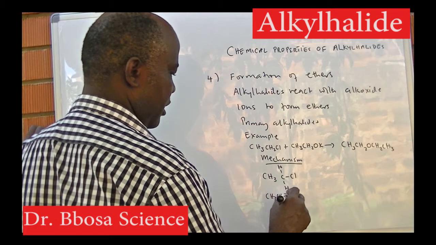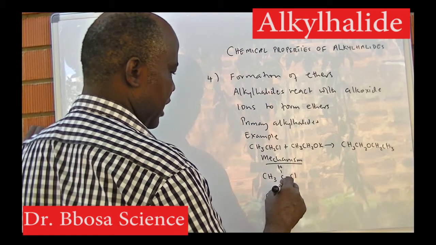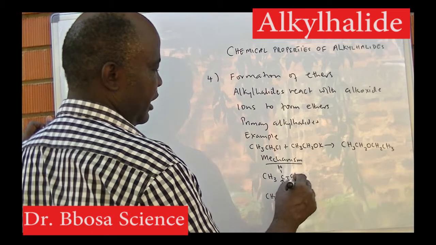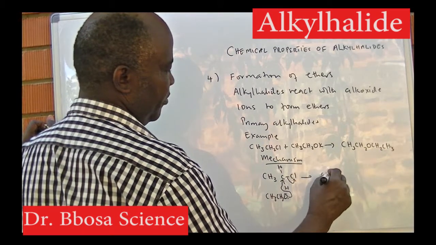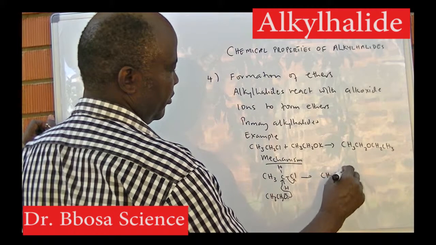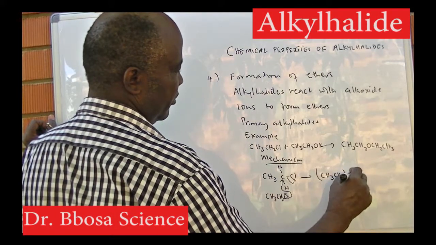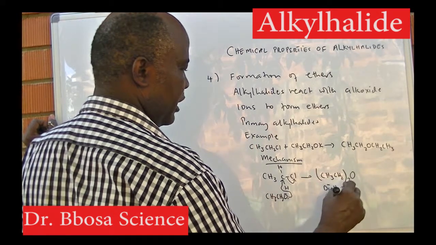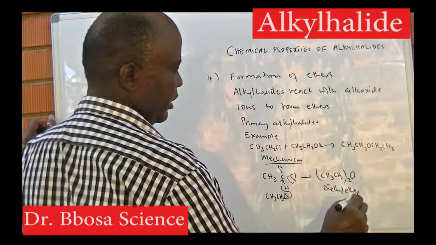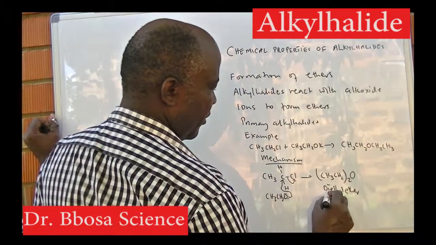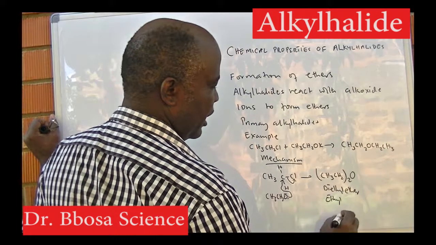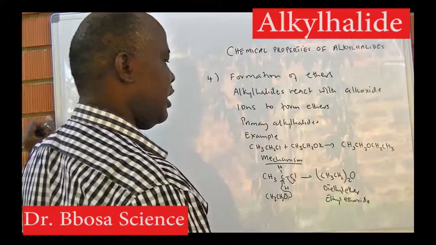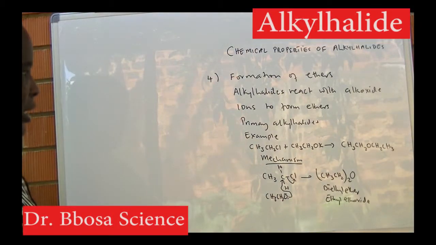The ethoxide ion uses a pair of electrons to displace the chloride ion to form the product, which is diethyl ether, or ethoxyethane.